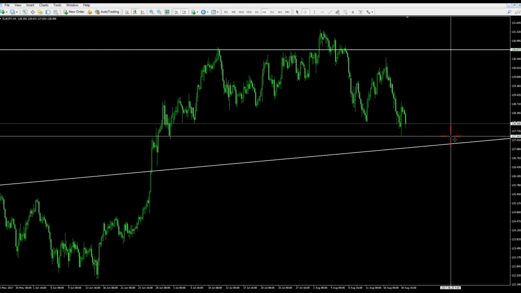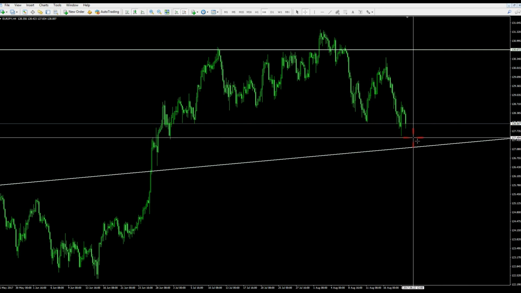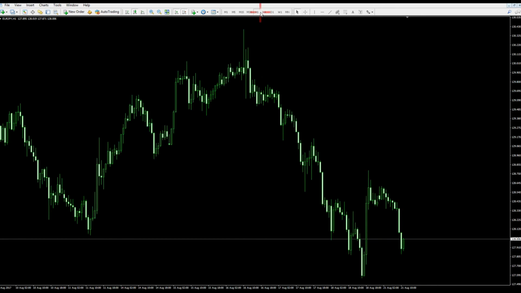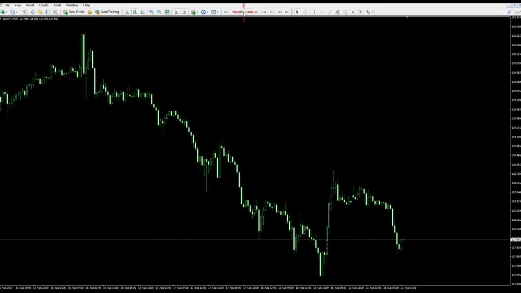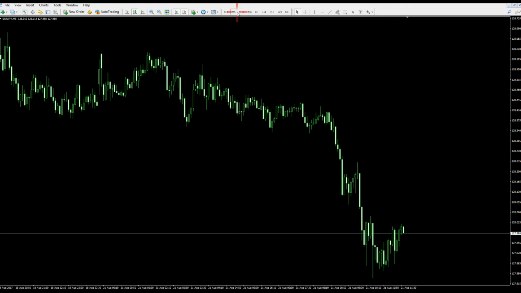And the next one is here, which it bounced off from, so that could also be a target. So if we move down, right now it seems to be holding the support, nothing special there. And we move down step by step until we find something.